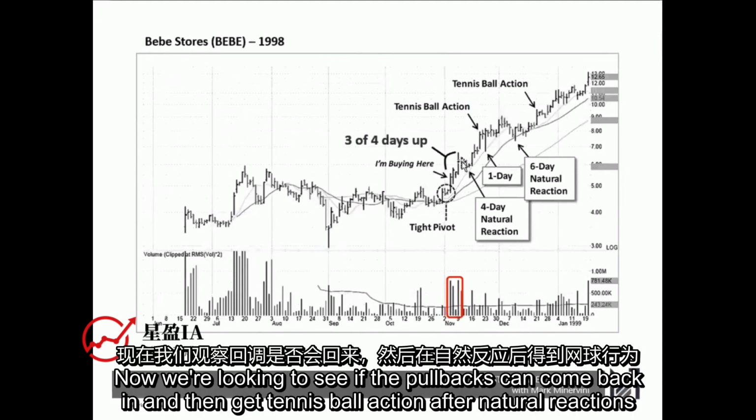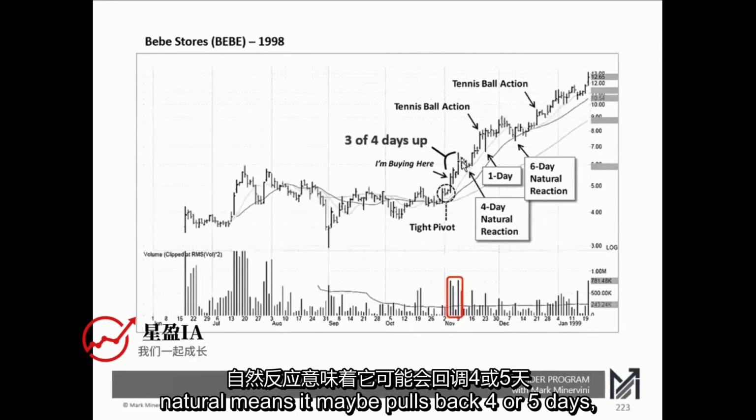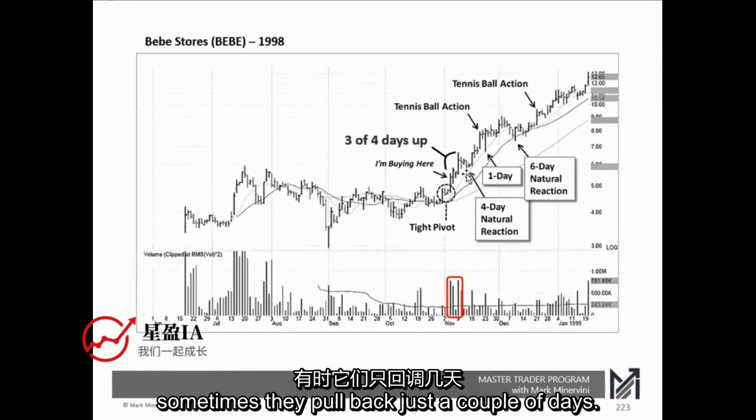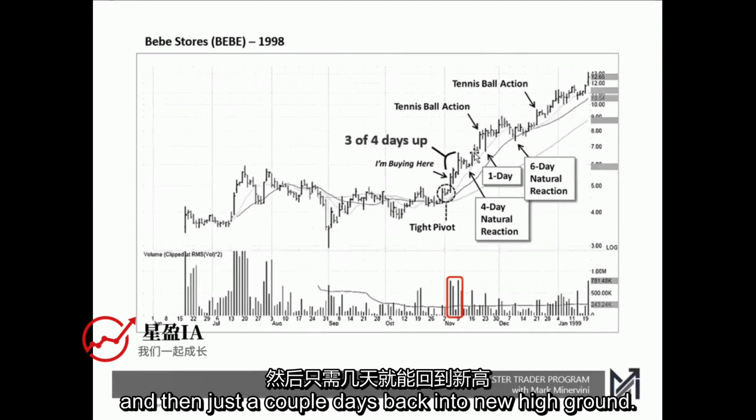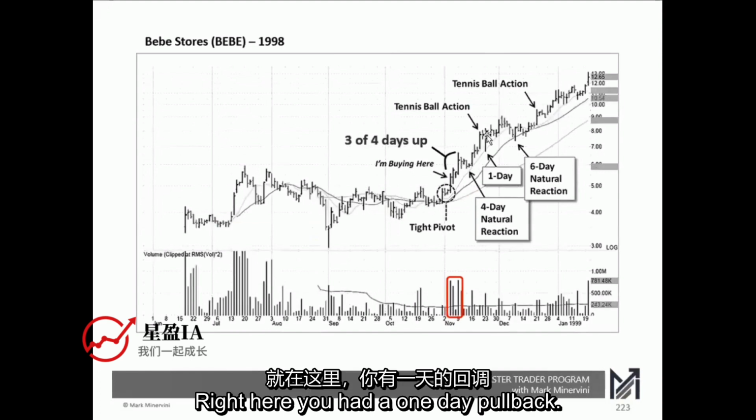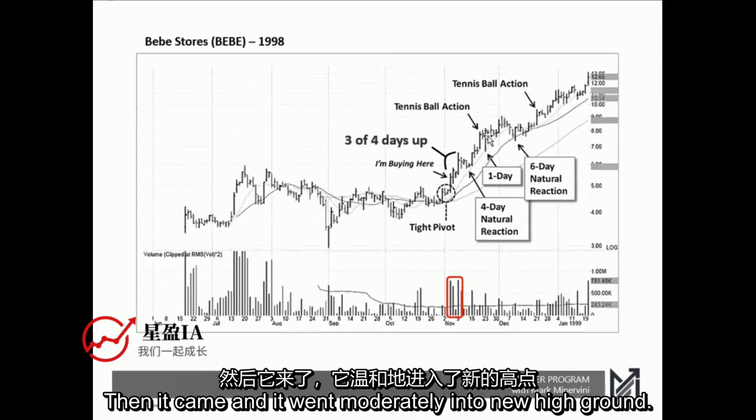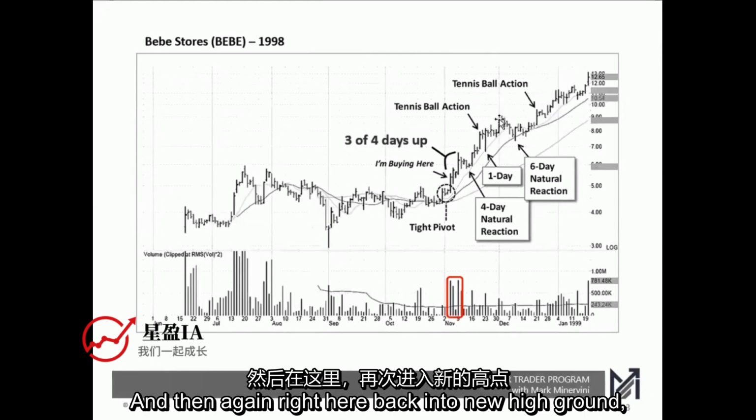Okay, great. Now we're looking to see if the pullbacks can come back in and then get tennis ball action if they're natural reactions. Natural means it pulls back, maybe pulls back 4 or 5 days. Sometimes they pull back just a couple days, maybe 4 or 5, 6 days, and then just a couple days back into new high ground. Right here, you had a 1-day pullback, and then it went moderately into new high ground, and then again, right here, back into new high ground.